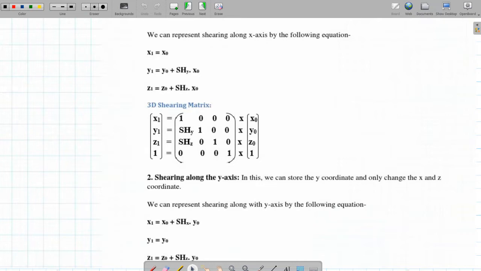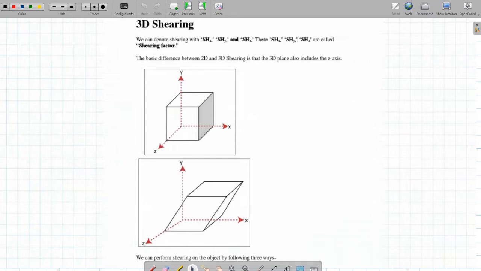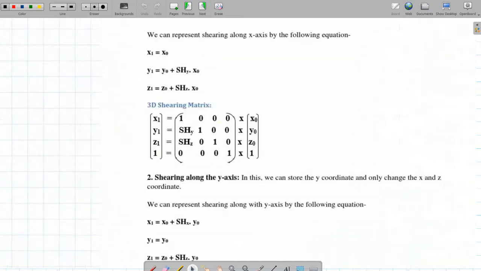So as we have looked, once you apply shearing along x-axis, only the y and z coordinate values will be changed by their corresponding shearing factors. The equations will be like this.